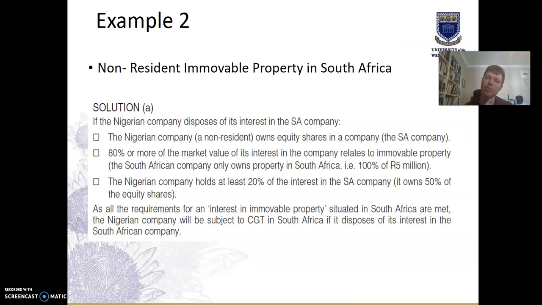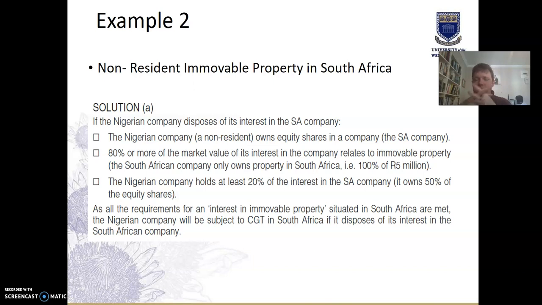Let's have a look at part A. Part A, we're looking at just the Nigerian company. The Nigerian company owns two assets. It owns land in Nigeria worth 1 million, and it owns 50% of the shares of the South African company, which owns one asset worth 10 million.